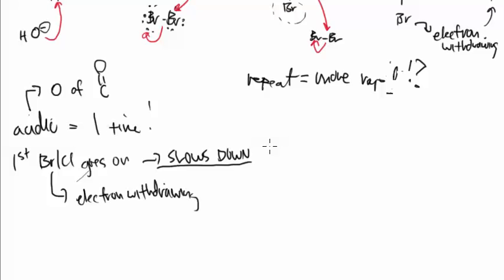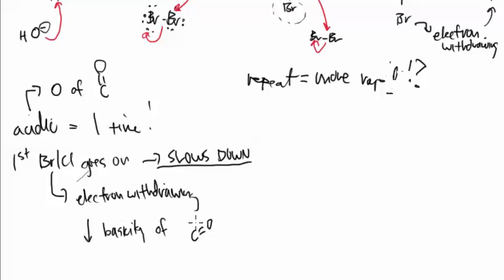So once the first halogen goes on, you actually decrease what we call the basicity, B-A-S-I-C-I-T-Y, the basicity of the carbonyl oxygen. And if you make it less of a base, the acid is not attracted to it as much.